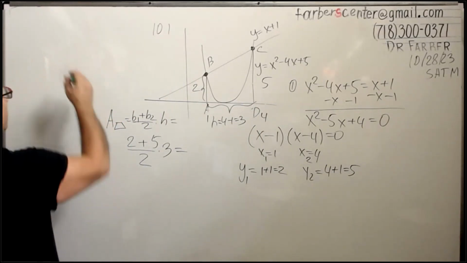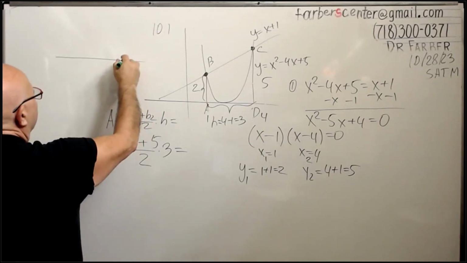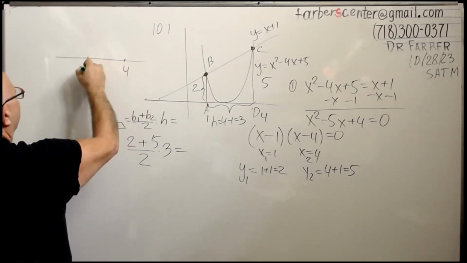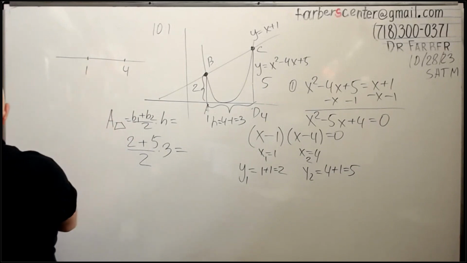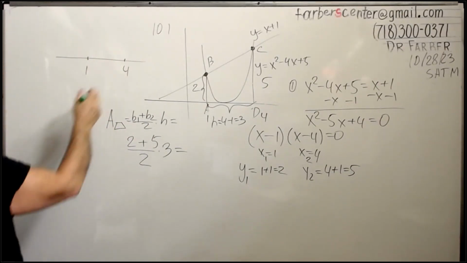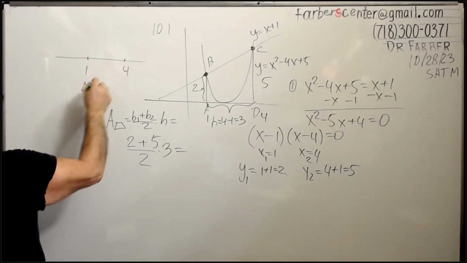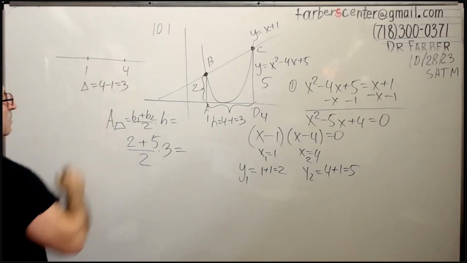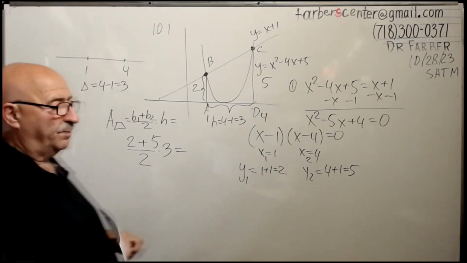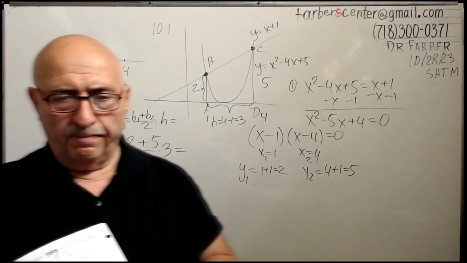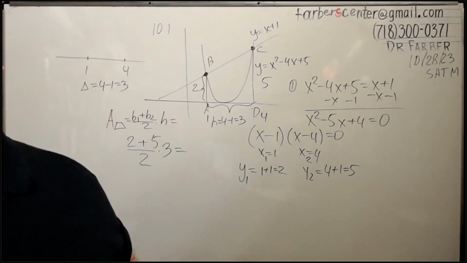Look at this, you have 4 and 1. What is the distance between these 2 points? Delta equals 4 minus 1, which is 3. So far, so good? Yeah, thank you.